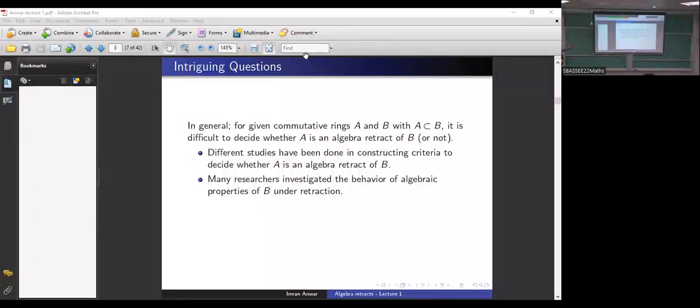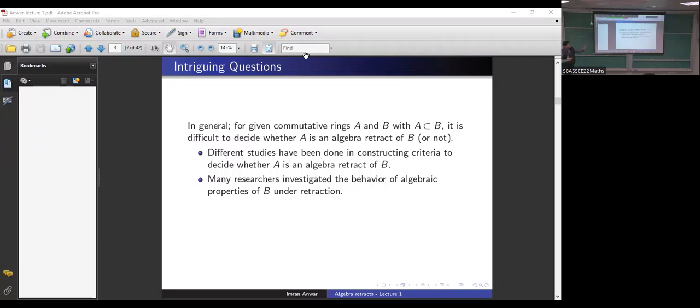Just like in topology, if there is one space and then another topological space, what properties of this space are carried to the space that is a retract of it? The same holds regarding algebra.